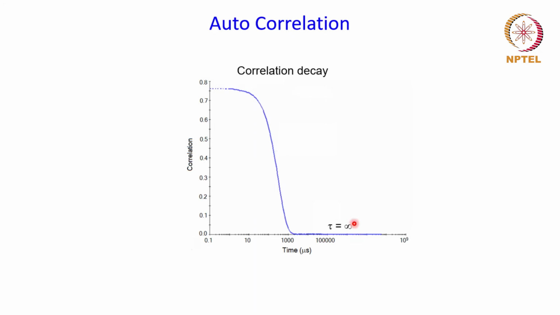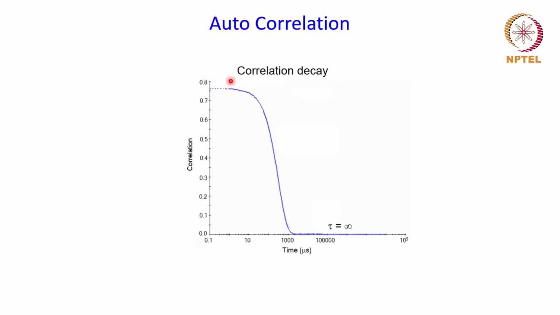Okay. And one thing that you should note here is that time infinity is not really a very large time, because here we are talking about time intervals in microseconds or even nanoseconds. So a couple of seconds can be considered as time infinity on this particular time scale that we use for doing DLS experiments.